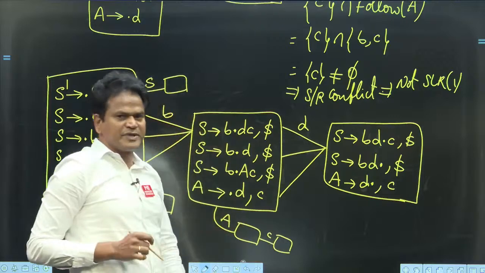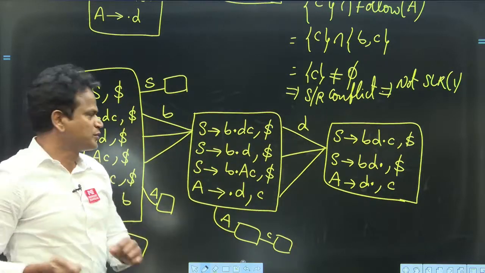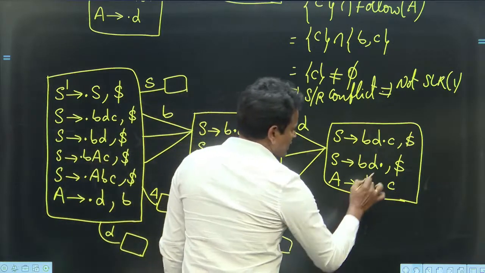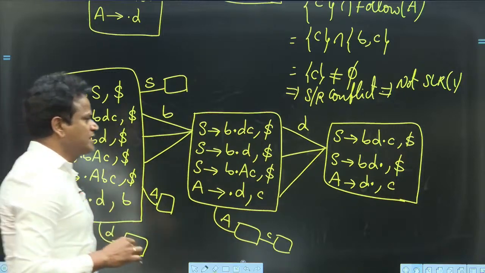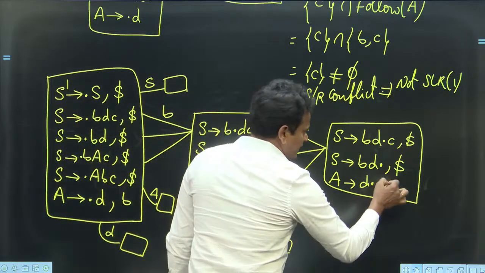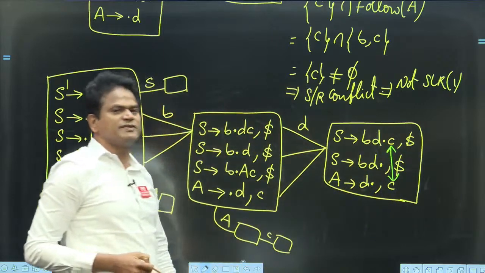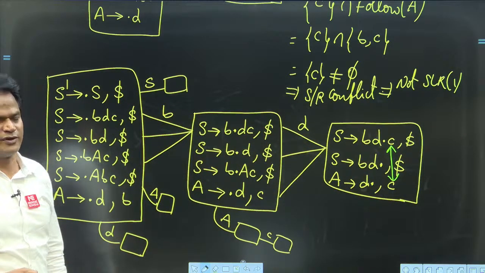So here in CLR(1) and in LR(1) items, to get the conflict, we must have one final item and one shift symbol terminal. If the final item's lookahead is matching with any of the shift symbol terminals. Are you following?